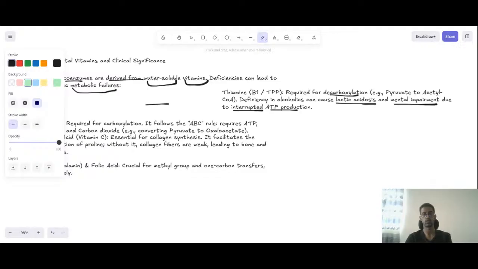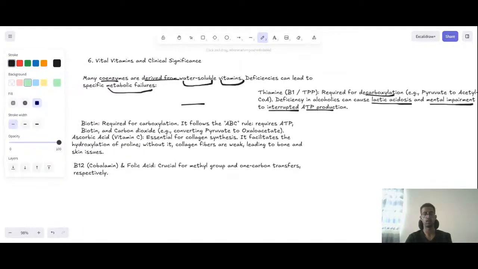Deficiency, as in alcoholism, can cause lactic acidosis and mental impairment due to interrupted ATP production.